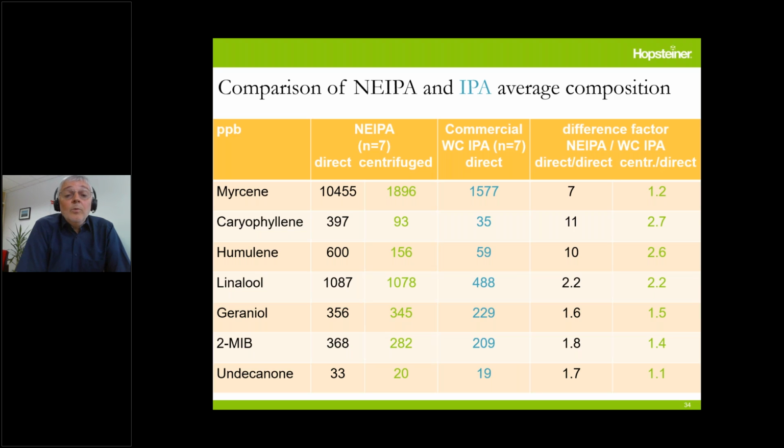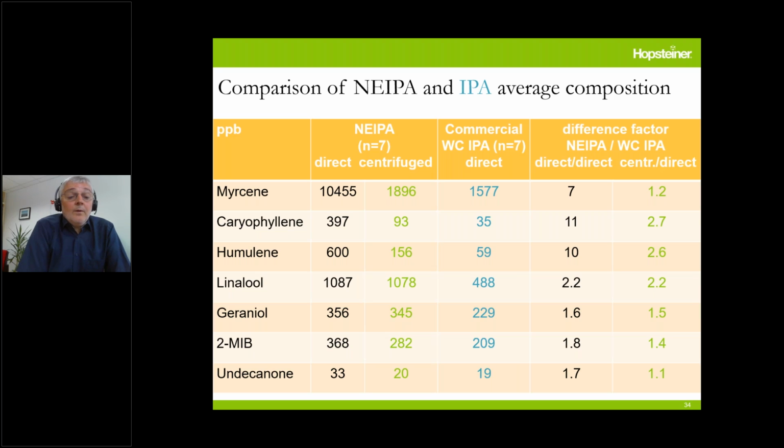For caryophyllene and humulene, also considerable reduction by centrifugation, but the values after centrifugation are again higher as compared to the West Coast IPAs. The difference factor is 2.7 and 2.6 respectively. And for linalool and geraniol, the very polar compounds, there is almost no reduction by centrifugation. So the difference factors remain almost unchanged.